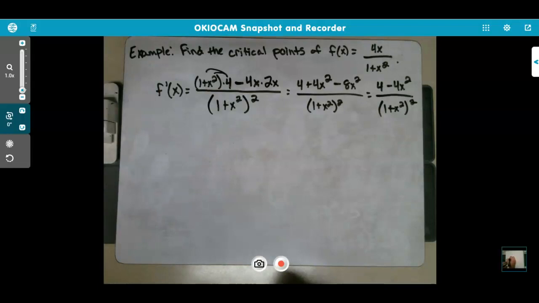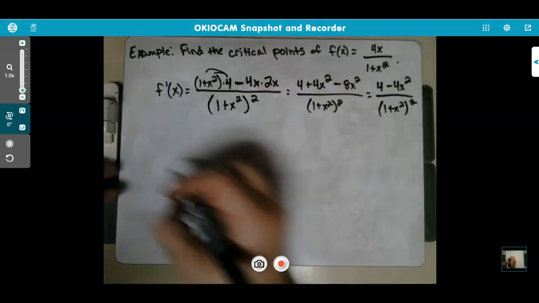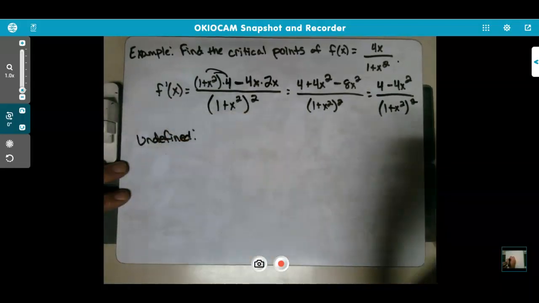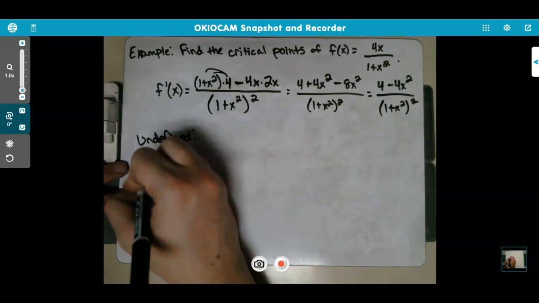So what I want to know is, where is this undefined? Since I have a fraction, now I have to actually worry about that. So where is it undefined? Well, that's where the denominator is equal to 0. So set the denominator equal to 0 and see when that happens. I have stuff squared, so let's take the square root.